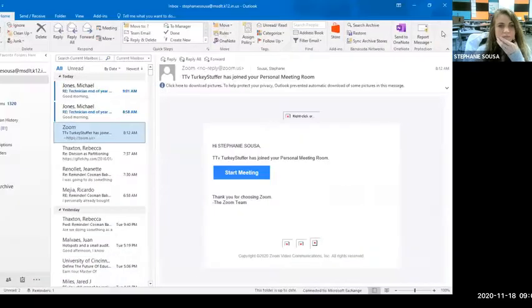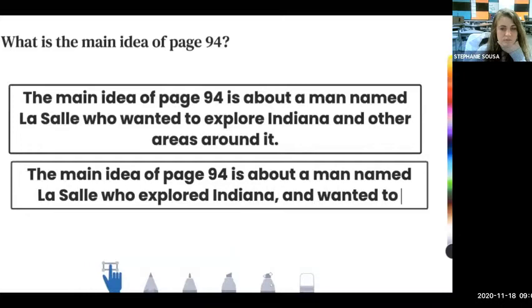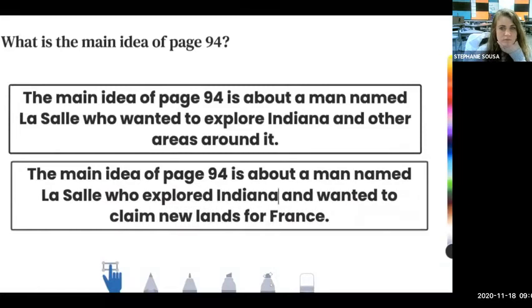We could even say who explored Indiana and wanted to claim new lands for France. So these are just a couple examples of a main idea you could write about that page.